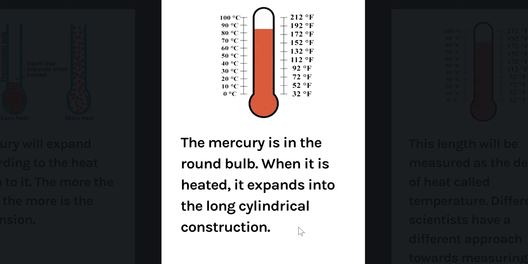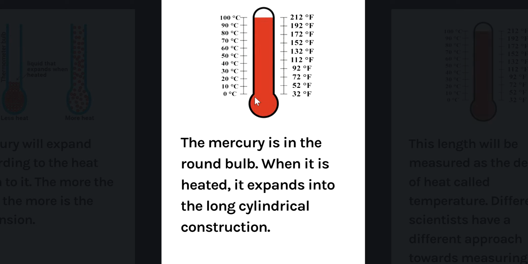The mercury is in the round bulb. When it is heated, it expands into the long cylindrical portion. A thermometer is usually a cylindrical portion with a uniform bore, which means a uniform stem. So when it heats up, the mercury rises, and we can measure its temperature.